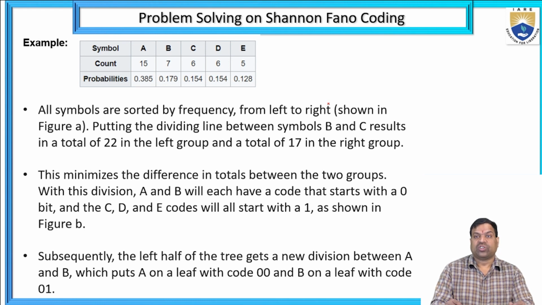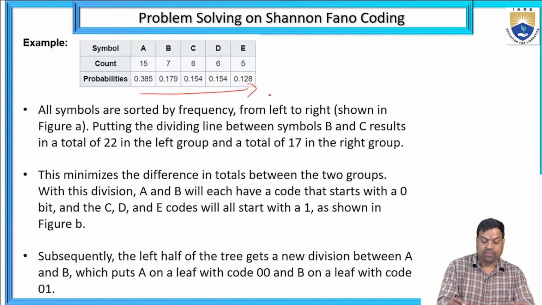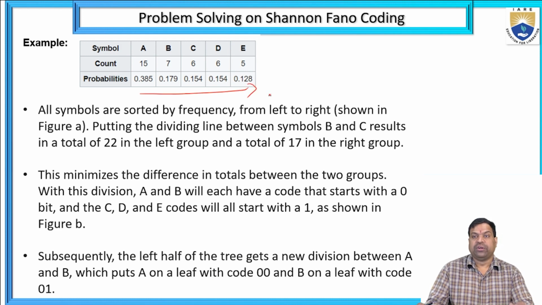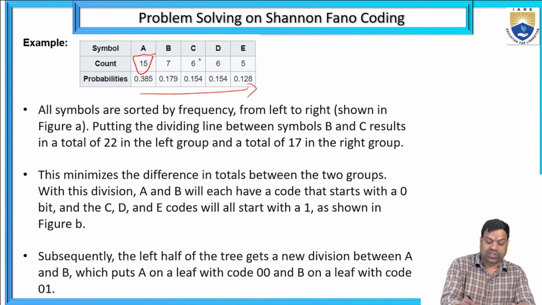All the symbols are sorted by frequency from left to right, as shown in the figure. Putting the dividing line between the symbols B and C, the results are 22 in the left group and 17 in the right group. So 15 plus 7 is 22, and 6 plus 6 is 12, plus 5 is 17.